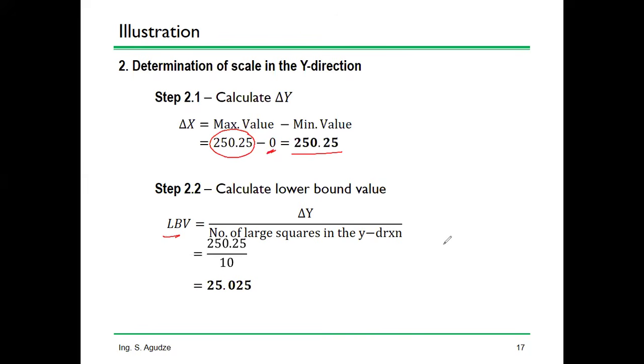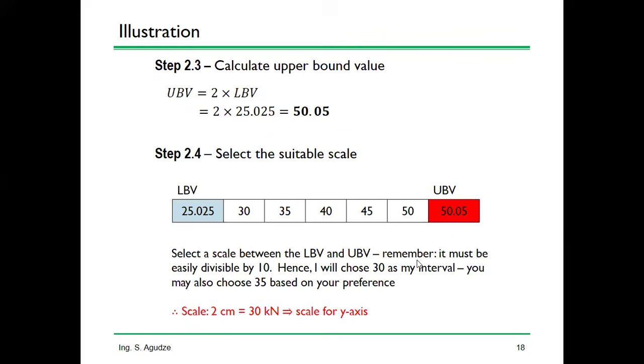Based on how we have turned our graph, and the graph I've shown you, large squares in the y direction will be 10. This will give us 25.025. So take note of this number. Then the next step, we calculate our upper bound value, which is the lower bound value times 2, and that will give us 50.05.